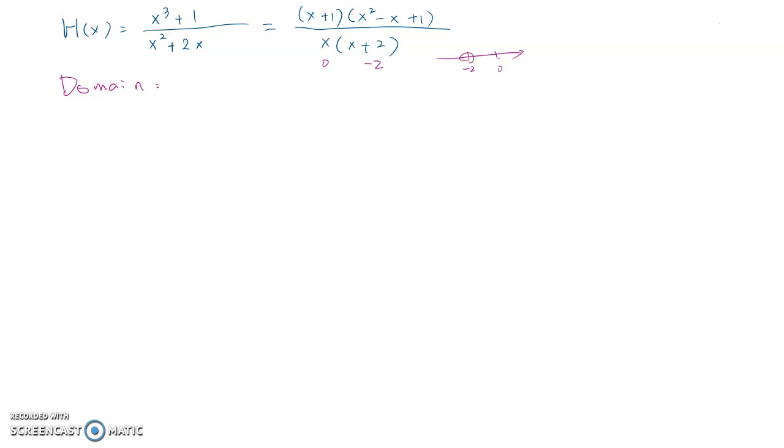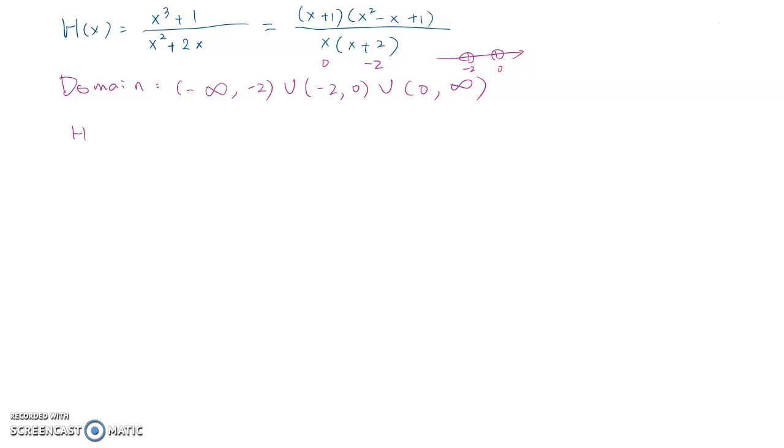If you want to exclude those 2 points, your domain would be from negative infinity to negative 2, union from negative 2 to 0, and union from 0 to infinity. That's the domain.